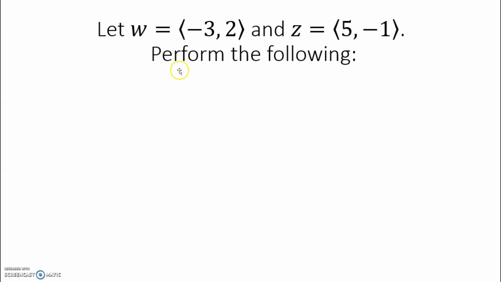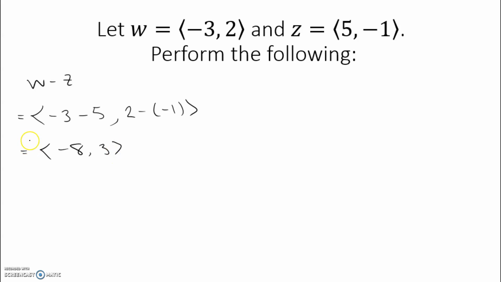So we're going to perform the following using these two vectors. First, we're going to find W minus Z. We're going to have the first components from both, so negative 3 minus 5, comma, and it's minus because we have a minus right here, and then the second components, 2 minus negative 1. That will give us negative 8, comma, 3.